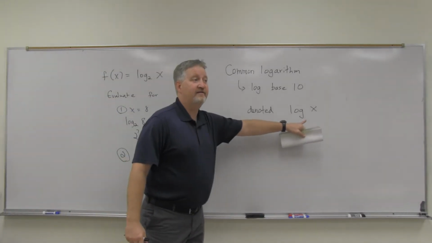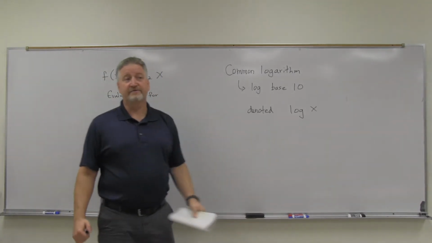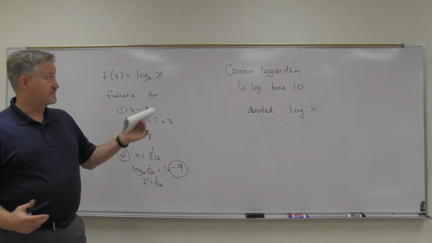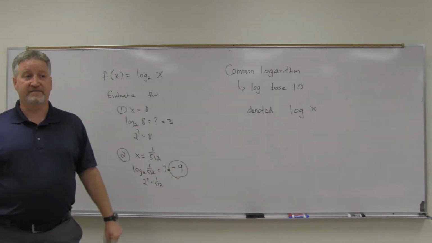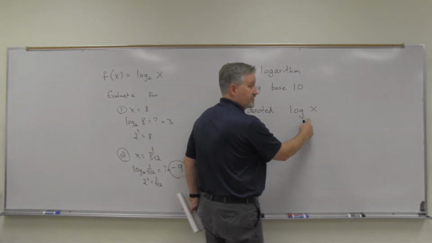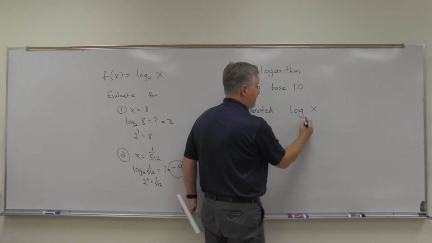The special designation is what's not showing up there. There's no a, there's no base written there. Since it's logarithm base 10, that's understood to be base 10. So if we just have log and there's no base, it's understood to be base 10.